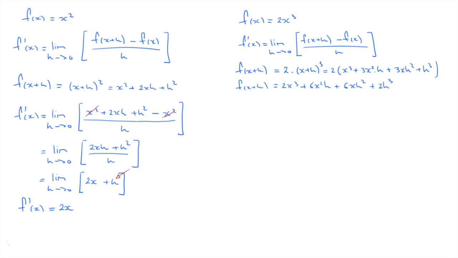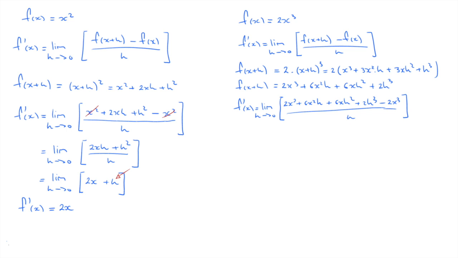Now that we've done that, we just need to plug this back into our formula. So f'(x) equals the limit as h tends towards 0 of f(x + h), and we've just seen that's 2x cubed plus 6x squared h plus 6xh squared plus 2h cubed minus 2x cubed, over h.